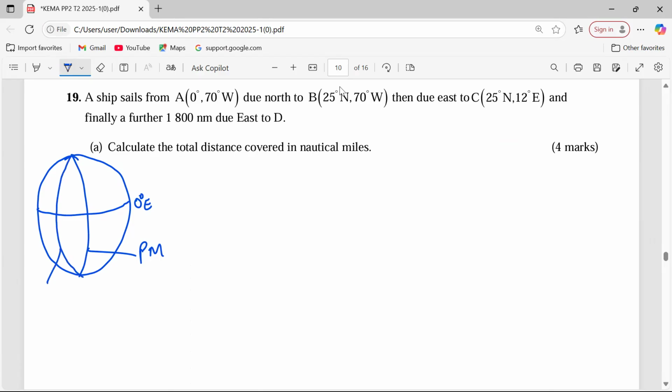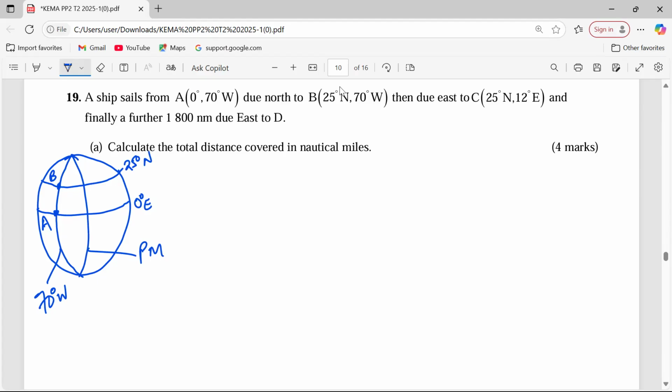So A is there. This ship is going to sail upwards until 25 degrees. So this is going to be our point B, and this will be 25 degrees in the north, still on 70 degrees in the west.